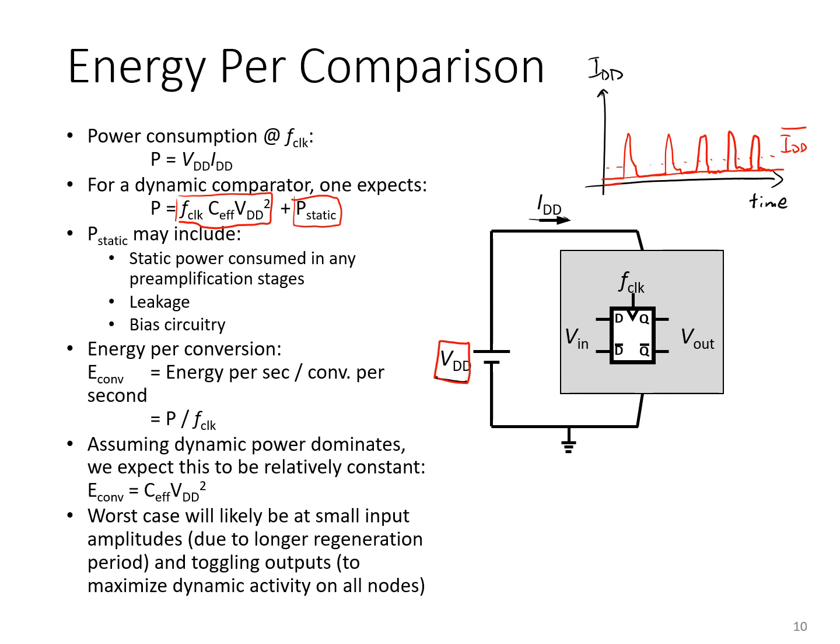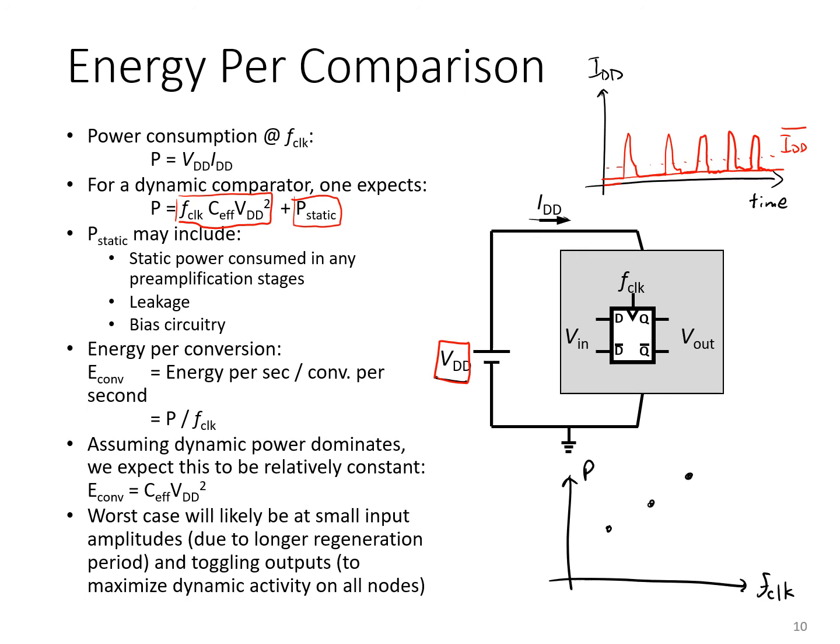Finally, we find our normalized energy per conversion by dividing this total average power consumption P by the clock frequency. So notice that if you plot power versus clock frequency, let's say for a few different clock frequencies, you're likely to get a plot something like this.